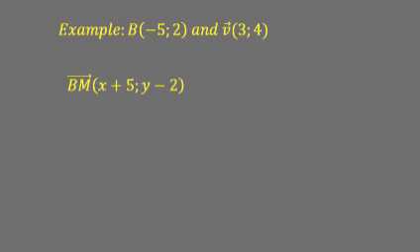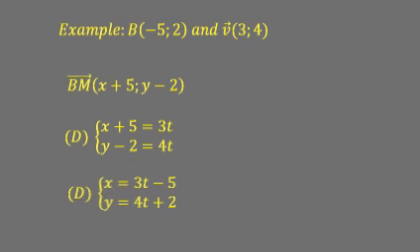So BM is xM minus xB, yM minus yB. So it's x plus 5, y minus 2, and then you set BM equals t v. So as you see, x plus 5 equals 3t, y minus 2 equals 4t, and then you order them in this way. And this is the parametric equation.